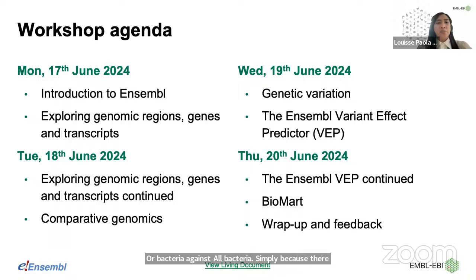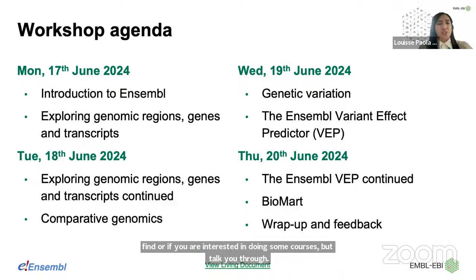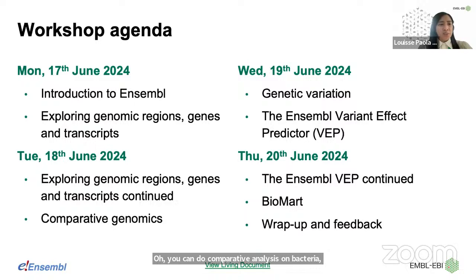But there are ways to do it yourself. And if you are interested in doing some courses that talk you through how you can do comparative analysis on bacterial genomes, you can enter your question into the living document, and I can send you a few links for that. There are some very useful ones that you can check out.